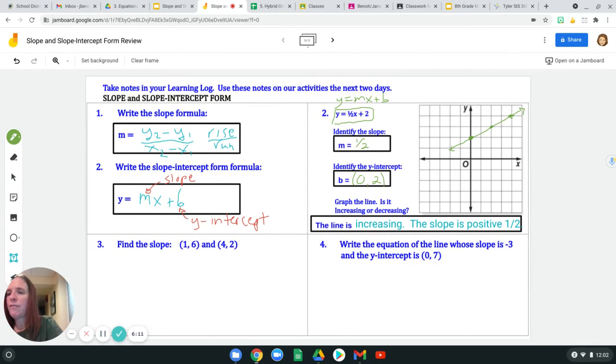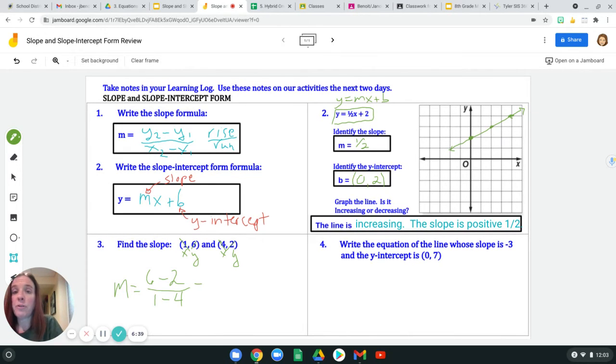Okay, now we're going to find the slope. We've got 2 points. 1, 6, and 4, 2. Just label x, y, x, y. Go to your formula and take your y's first. 6, 2. So you're going to do 6 minus 2. Take your x's next. 1, 4. 1 minus 4.